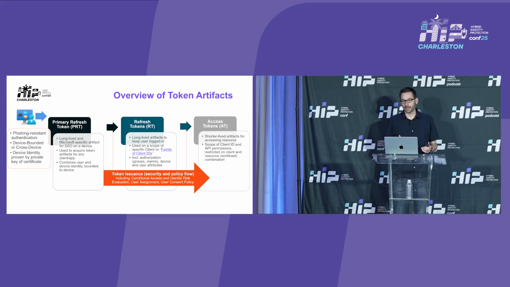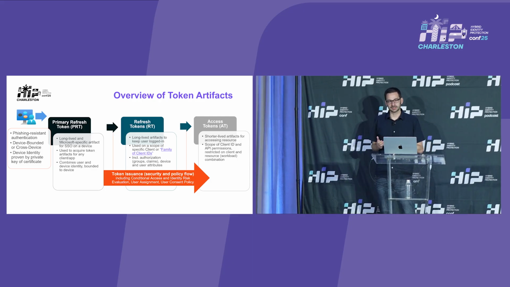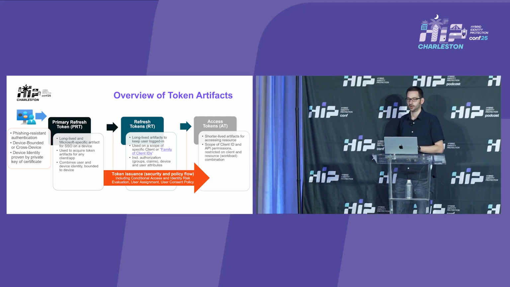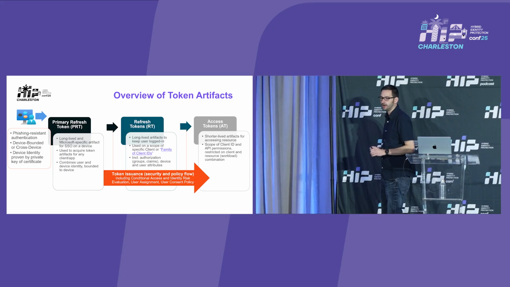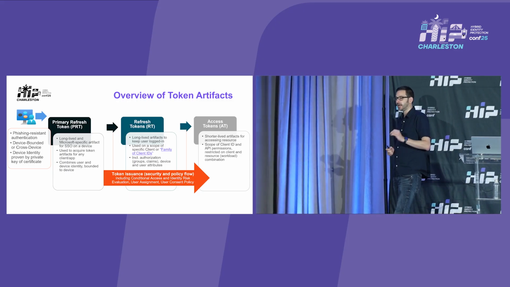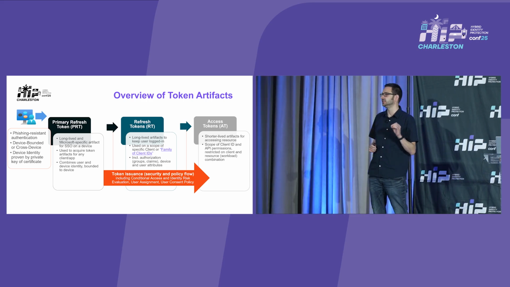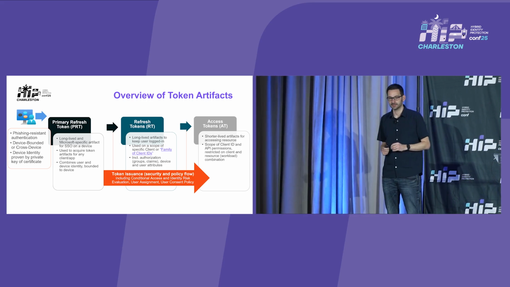When we're talking about what this token acquisition flow looks like, it's quite important to be aware of the token issuance flow and everything related to the security and policies that will be applied.